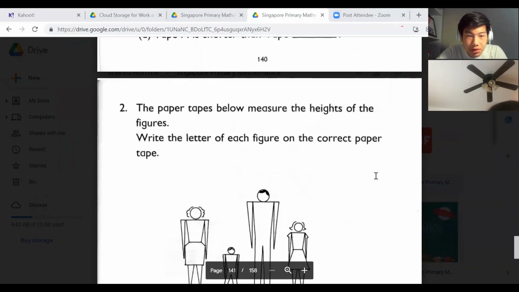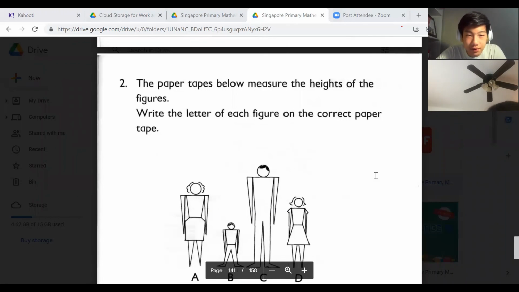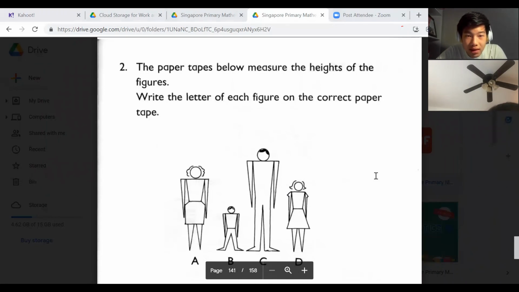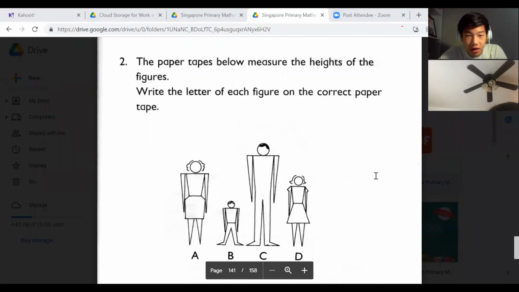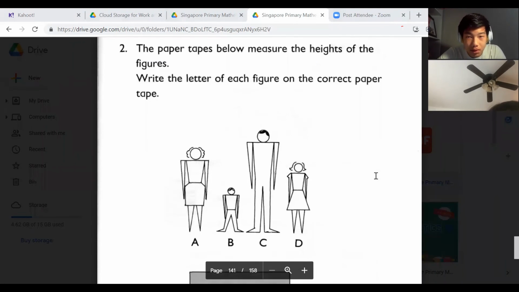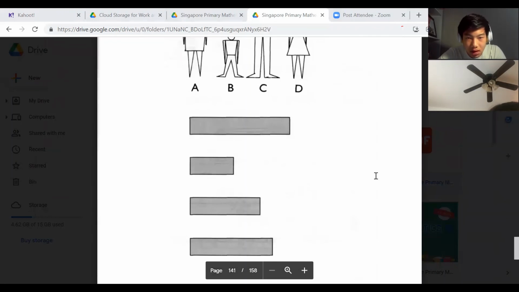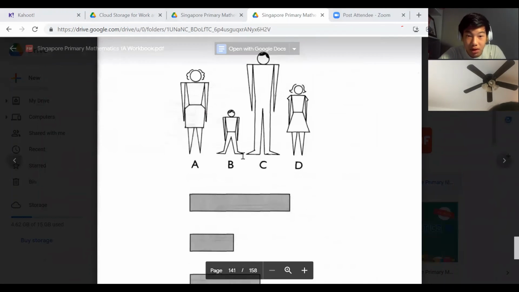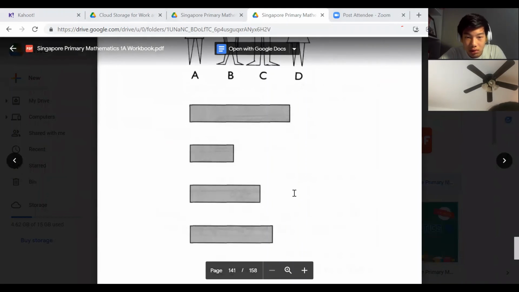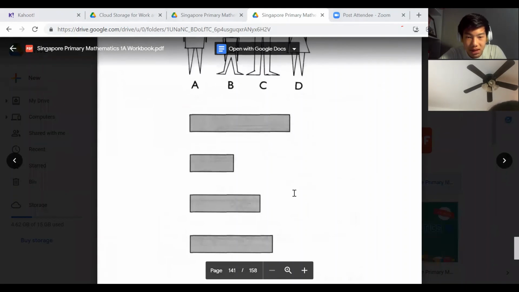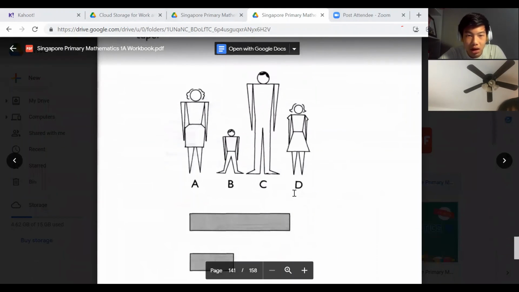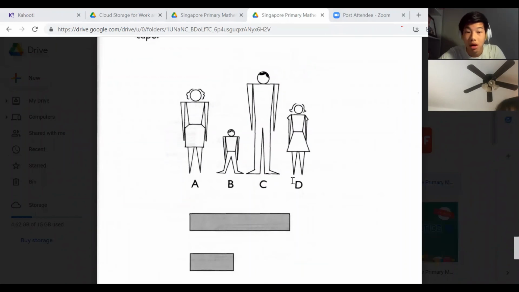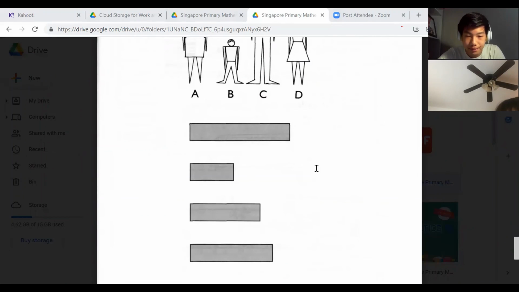Okay. The paper tapes below measure the heights of the figures. Write the letter of each figure on the correct paper tape. Each of these is one person over here. So based on that, can you tell me which one is, I'm assuming, the mom? Which one is A?